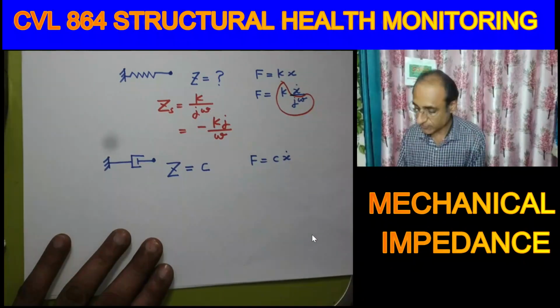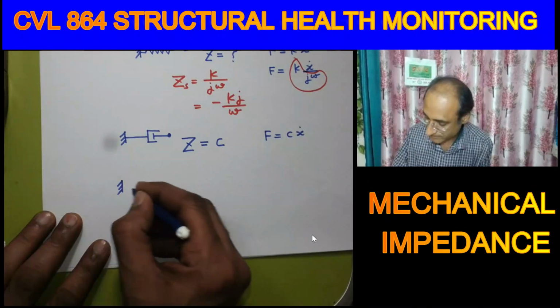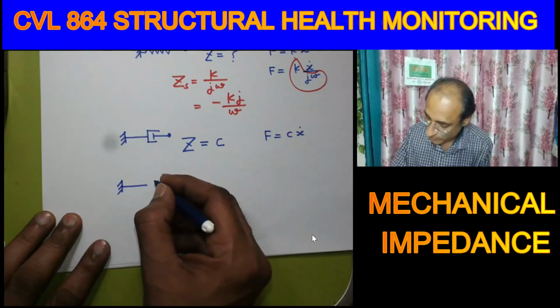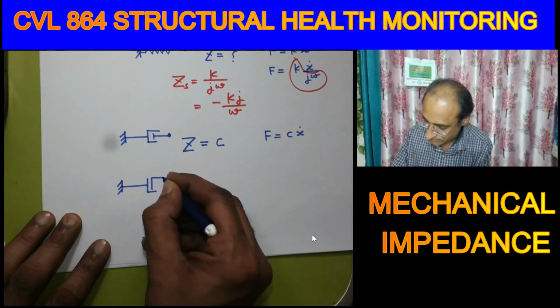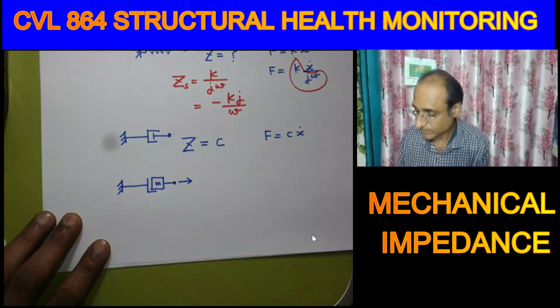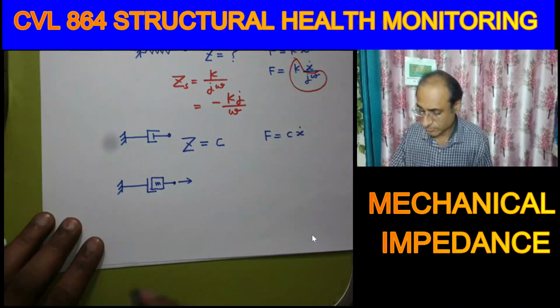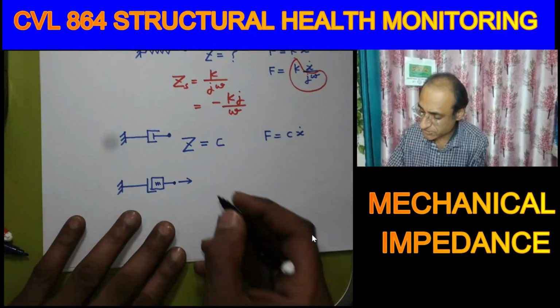And similarly, when we say a mass is there, what will be the mechanical impedance of a mass? So what is the force acceleration relation in a case of a mass?